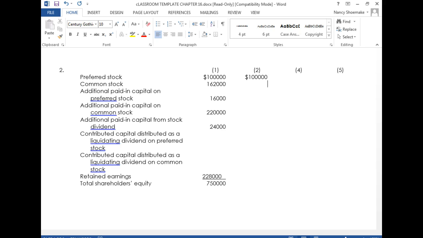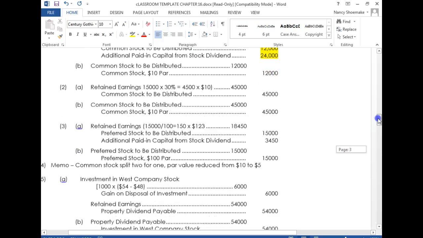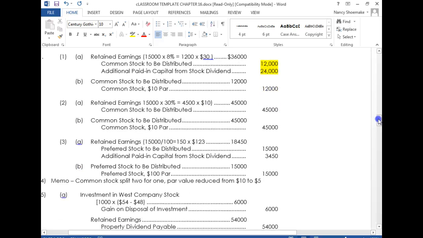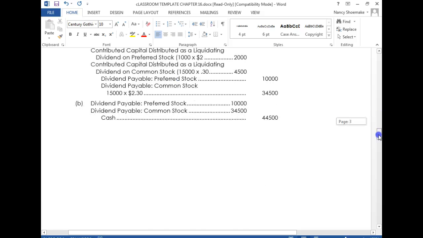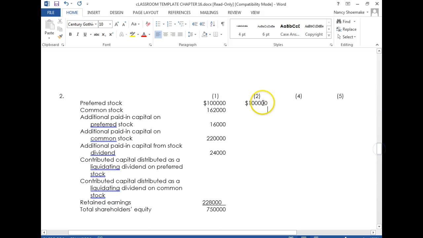We started at 150, and it went up 45,000. So 150 plus the 45,000 gives us common stock of 195.